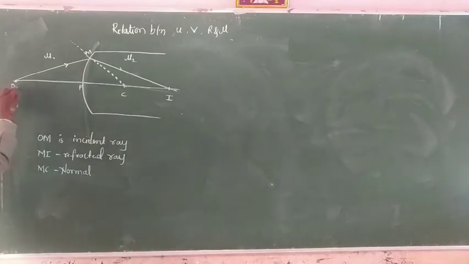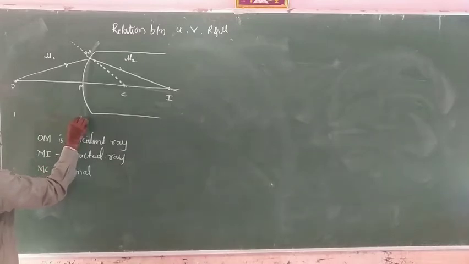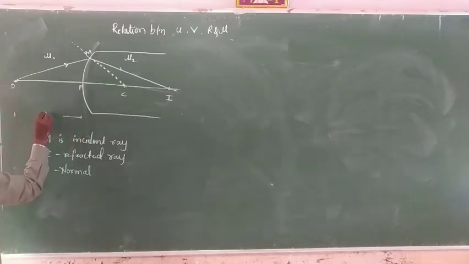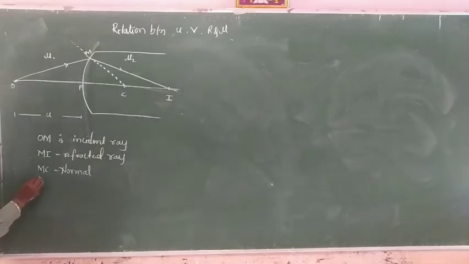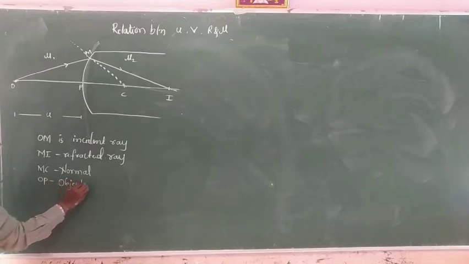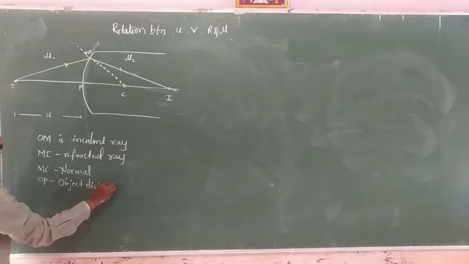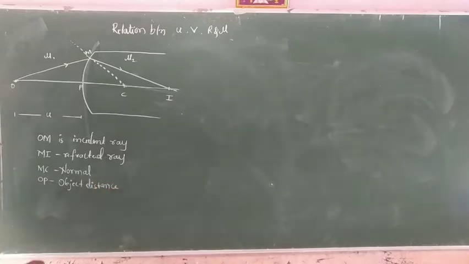And this one we consider the image. The distance from the pole of the refracting surface to the object is u. OP is the object distance.